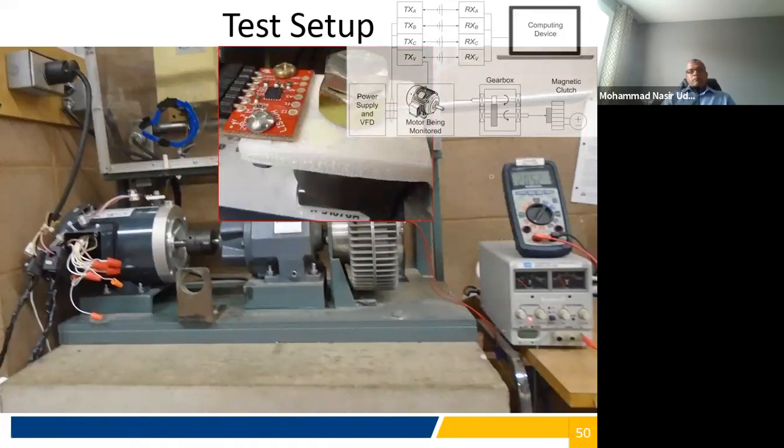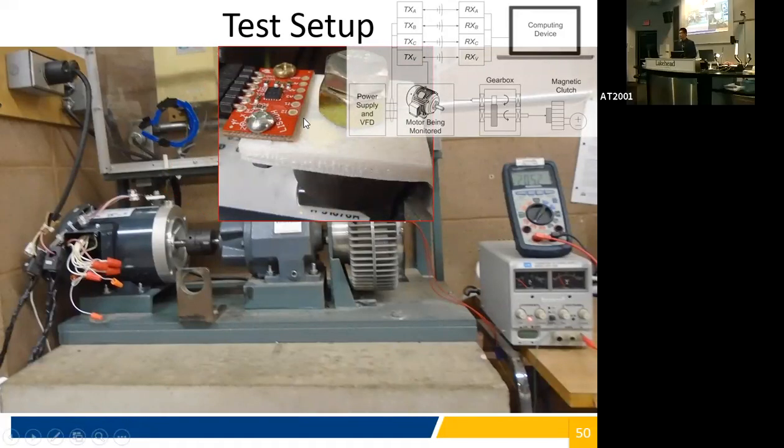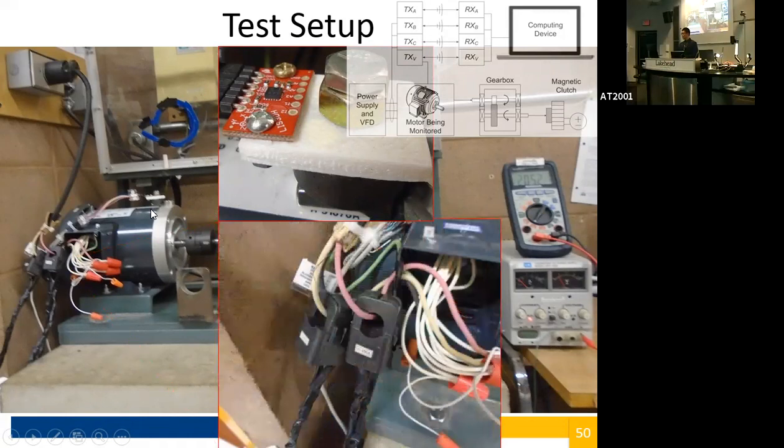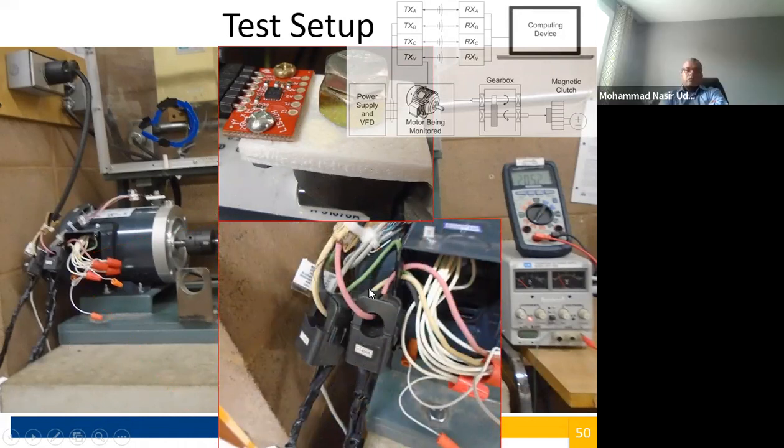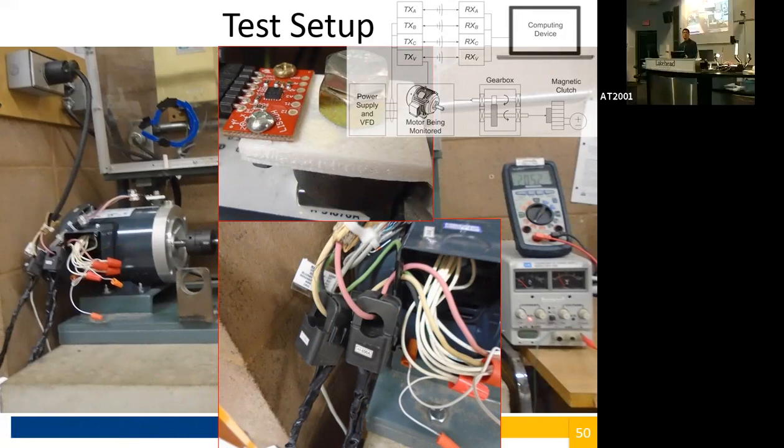And the sensors are one here, a vibration sensor, mounted to the motor just using neodymium magnets, and a current sensor, which we wrap around the lines using a split core current transformer. So this is an entirely non-invasive operation. The motor can still run, and we don't have to stop it to install these kinds of sensors.